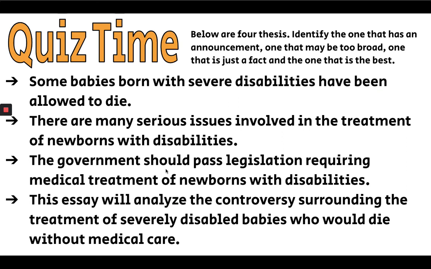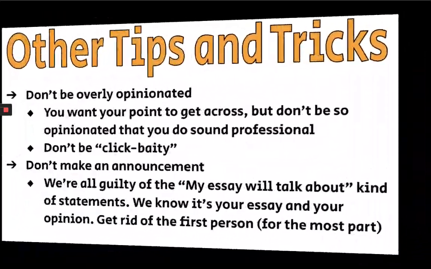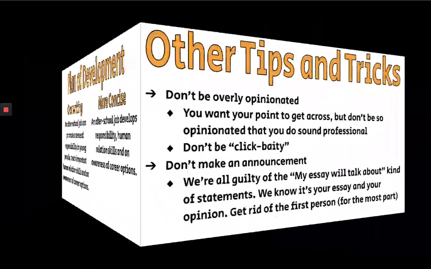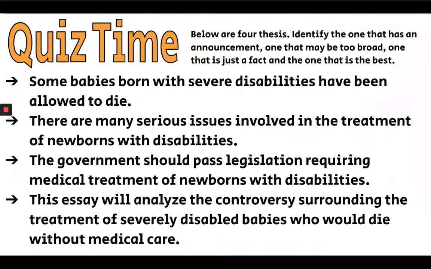The government should pass legislation requiring medical treatment of newborns with disabilities. So 1, I know you're talking about medical treatment of newborns with disabilities, and 2, I know your stance on that subject. The government should pass legislation. Now, if you wanted to add that plan of development to it, I would simply say because, and then list your reasons.